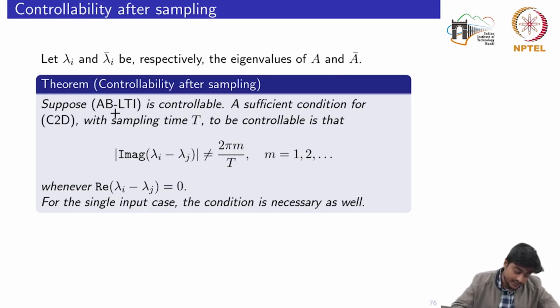Let's suppose that the continuous time pair A, B is controllable. A sufficient condition for the discretized equation with sampling time T to be controllable is that the imaginary part of the difference of two eigenvalues lambda i and lambda j of the continuous time system is not equal to 2 pi into m by T, where m is a positive integer, whenever the real part of the difference of two eigenvalues is 0.